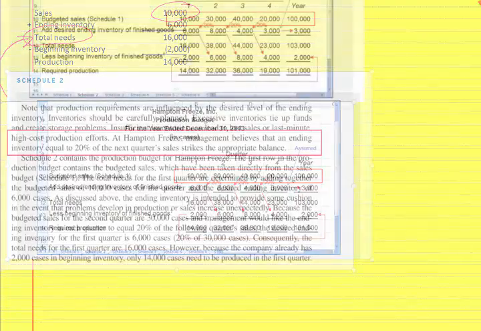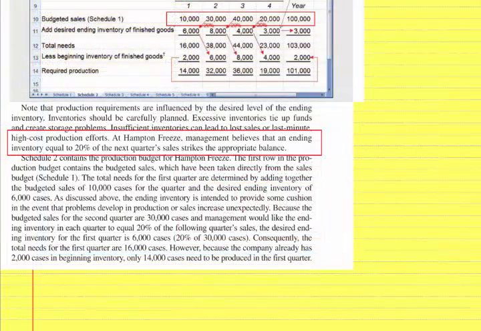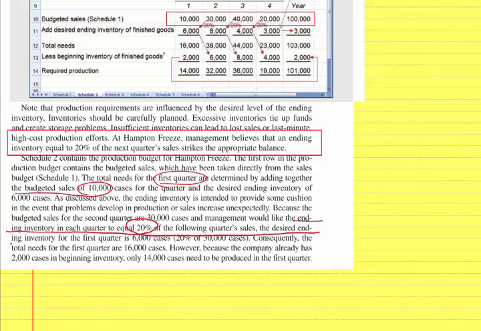Now let's take a look at the description for this problem in the chapter, also on page 293. The first quarter's budgeted sales are 10,000 cases, right there. And ending inventory for each quarter is 20% of the next quarter's sales. So the desired ending inventory for the first quarter is 6,000 cases, right there.